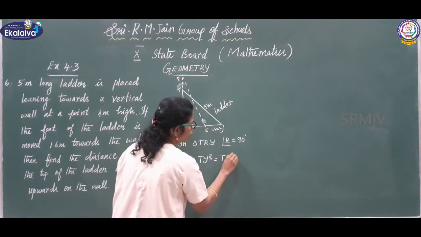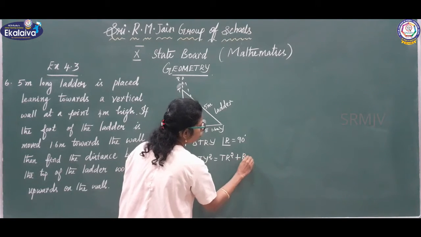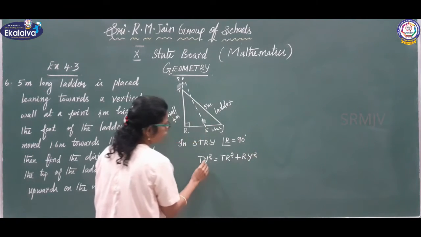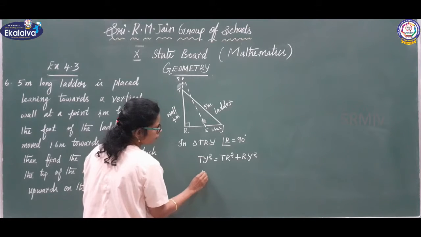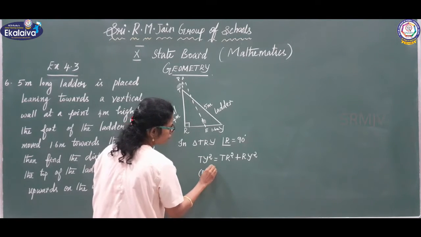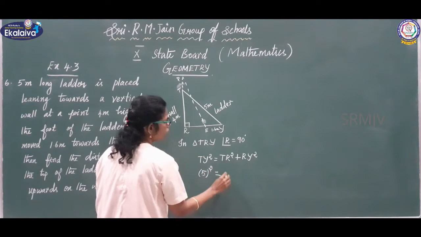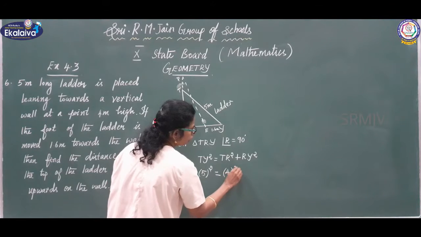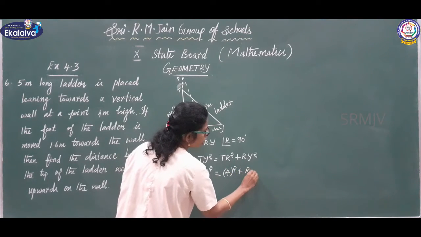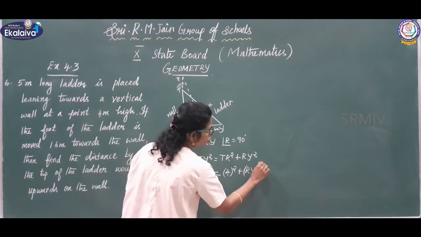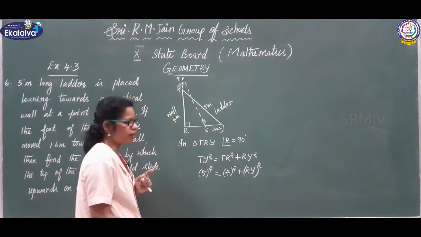Now, TY square equal to TR square plus RY square. TY square is given as 5 square equal to TR is 4 square plus RY square, right?